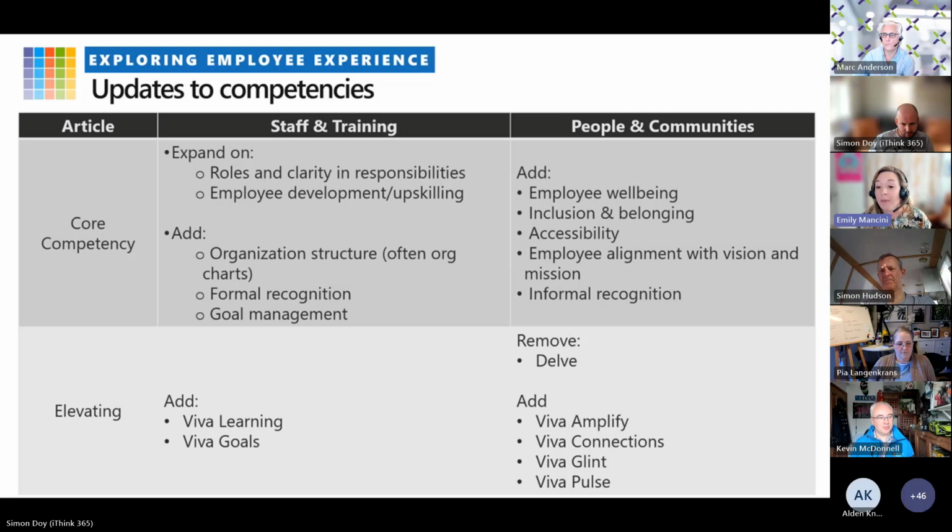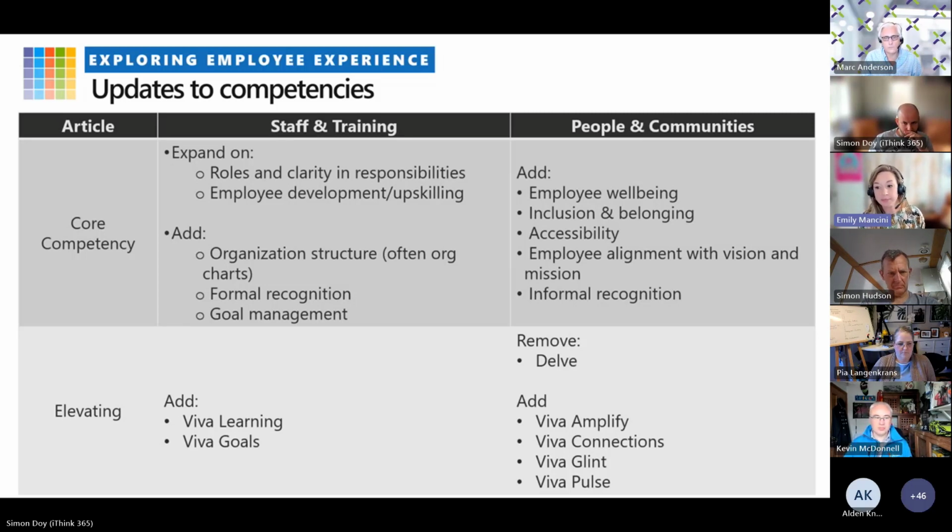We don't have anything talking about formal recognition. So talking about that development and people getting promotions and growing over time. And then we don't have anything reflected there about that individual or team goal management. Adding those pieces would also push us to add some technology into our elevating article to better reflect Viva Learning and Viva Goals. So I'll pause there, just starting off with staff and training.